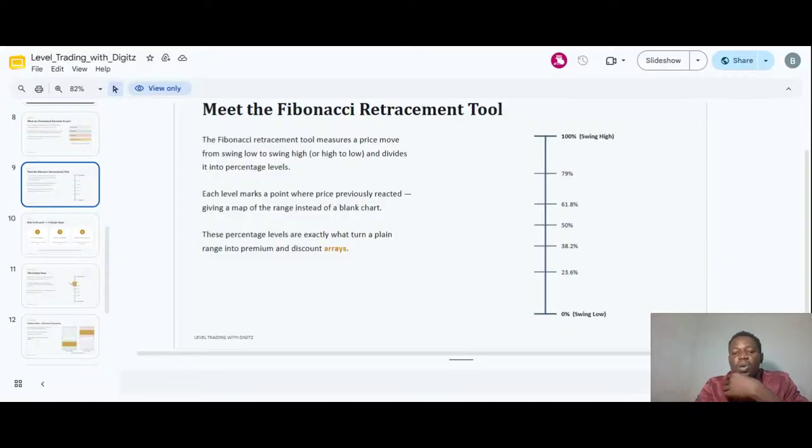Now we have 0%, 23%. 23% is below the 50% midline, so obviously it's a discount zone. Then 38.2 is below the 50% midline, also a discount zone. Then 50% is the equilibrium that we all know.